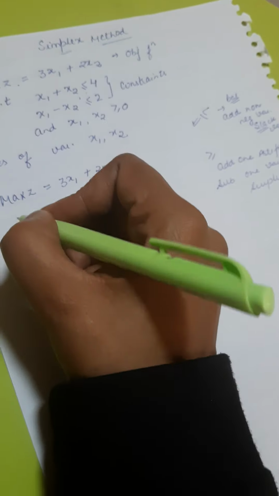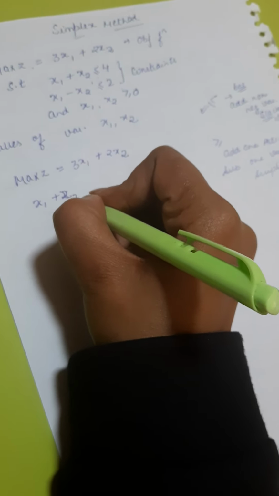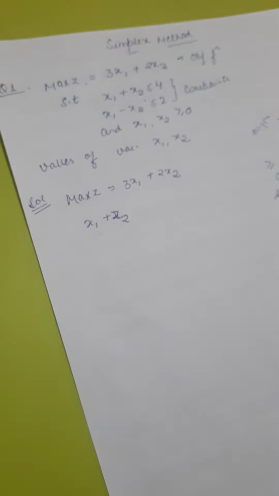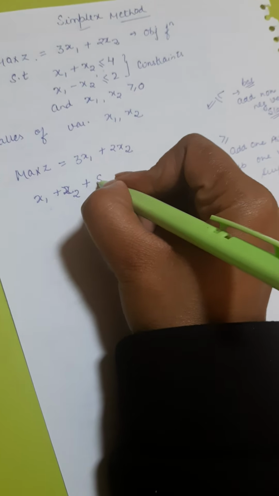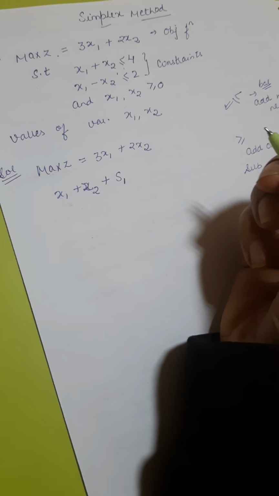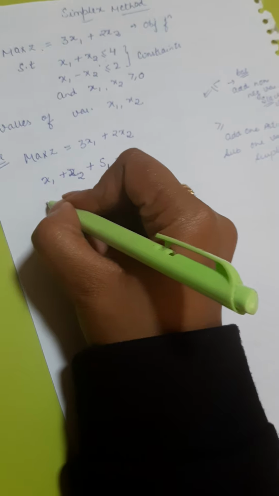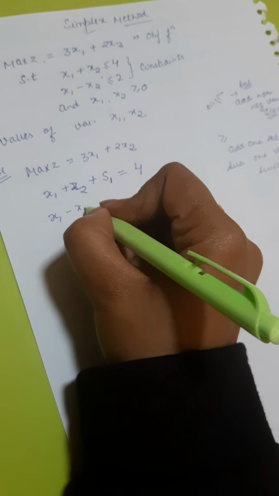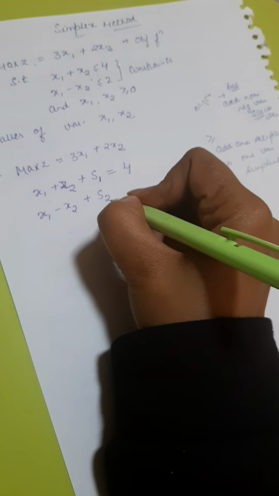Now the next is subject to. The first equation is x1 plus x2 less than or equal to 4. Since the condition is less than or equal to 4, we have to add one slack variable, which we name s1, so x1 plus x2 plus s1 equal to 4. In the other equation, x1 minus x2 plus s2 equal to 2.